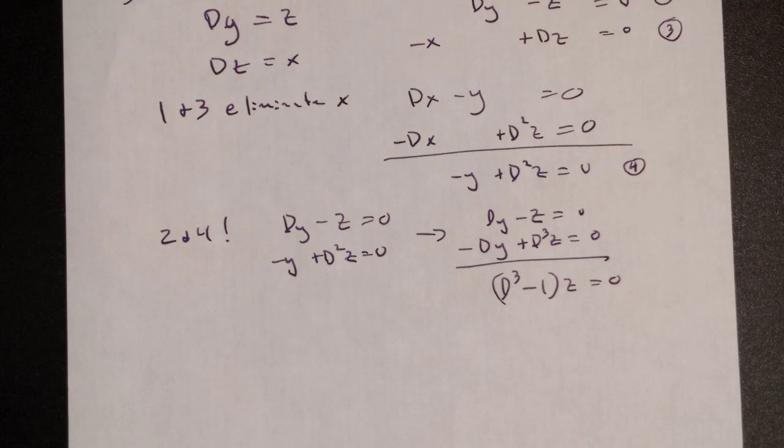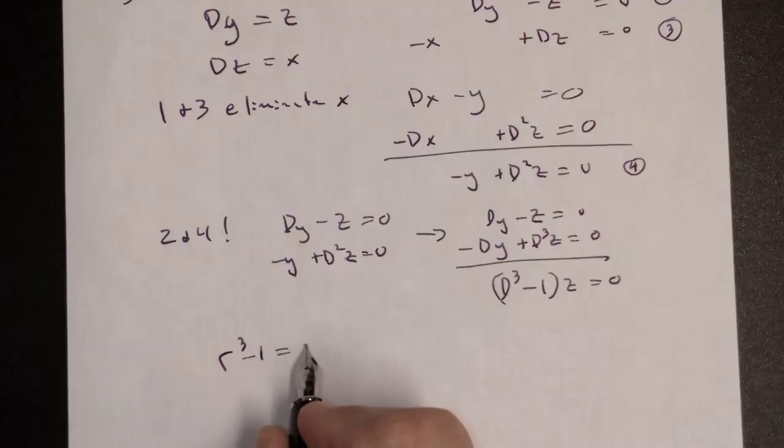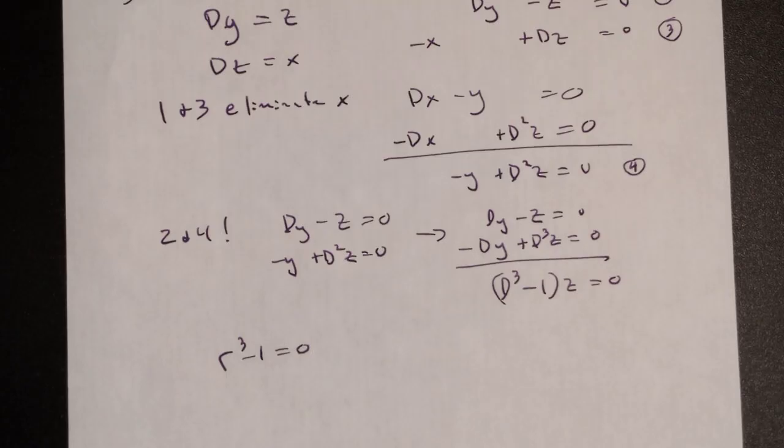A third order differential equation. But I know how to solve that. R cubed minus 1 equals 0. What does that factor by? It's got to factor into something.